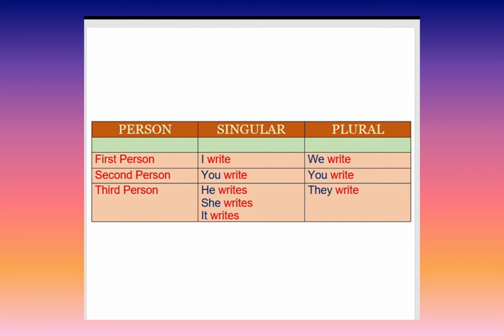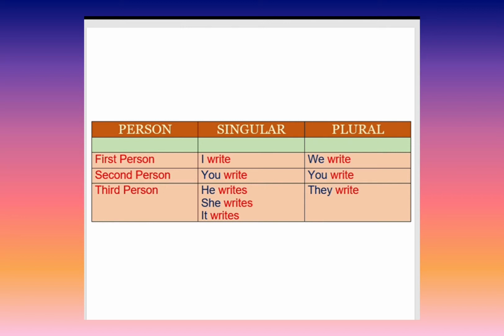You know, for singular and plural, we use you for both. And for third person, the pronouns which we are using here are he, she, it, they, or any names. And the verb which is used here is write.